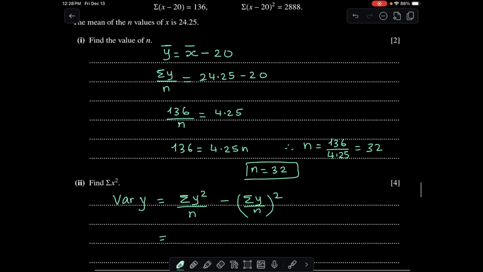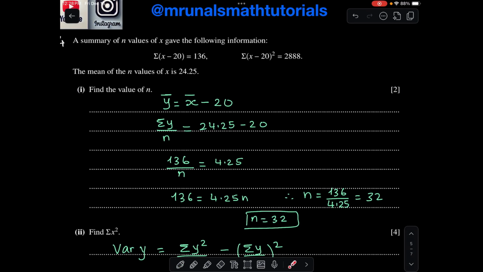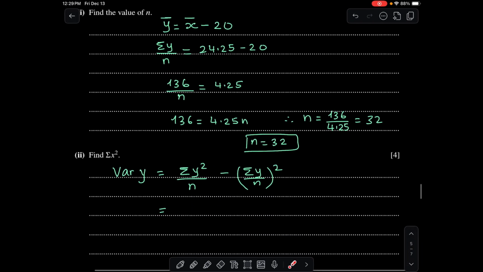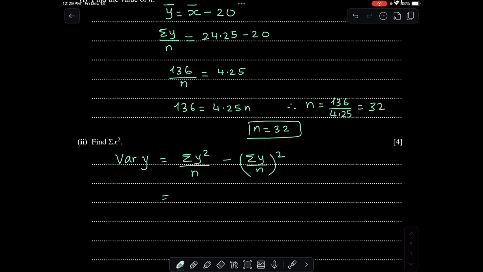So sum of y square is nothing but 2888, and sum of y is 136. Let's make use of those values. So 2888 divided by n, which we worked out in the previous part, 32 minus, we're going to have 136 divided by 32 bracket square.